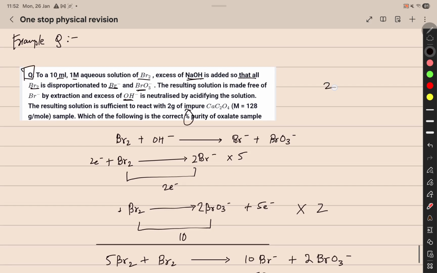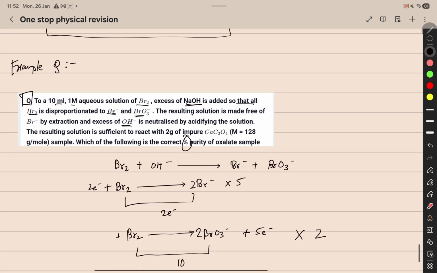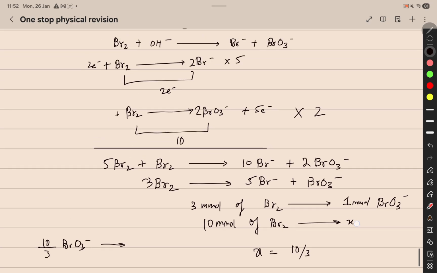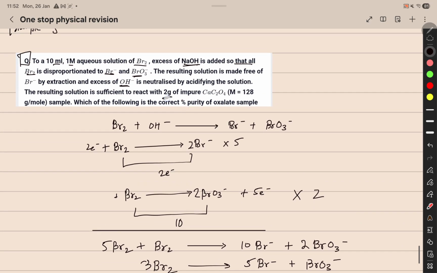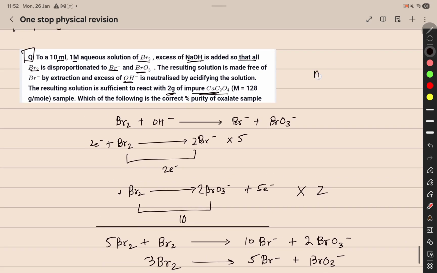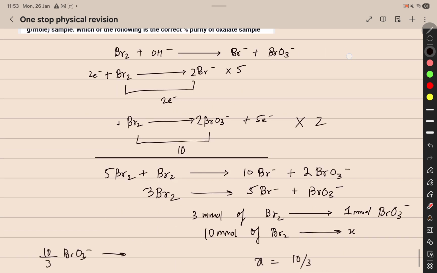So basically molar mass is also given. From here we can calculate that the number of moles is 1 by 64. But actually, wait 1 second, I think I made a mistake. It's 2 gram of impure CaC2O3. So we have to take mass of CaC2O3 divided by 128 is equal to 10 by 3.